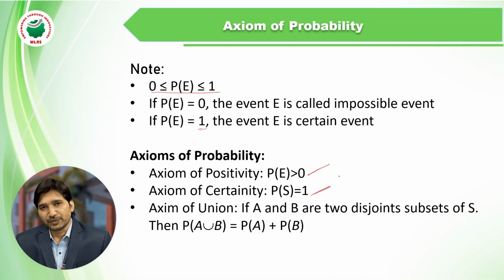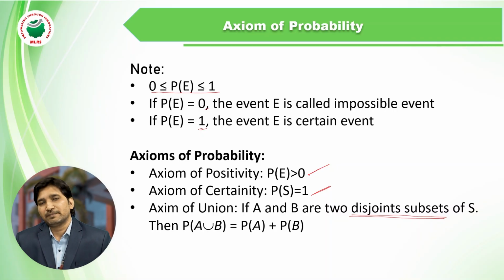And the axiom of union: if A and B are two disjoint subsets of S, meaning the intersection is empty, then P of A union B equals P of A plus P of B. These are the axioms, or properties, of probability.